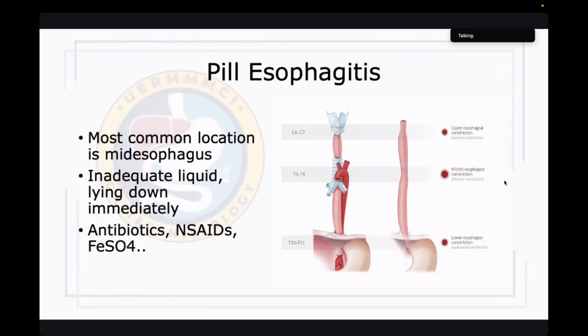Generally, this is attributed to poor pill-taking habits, such as inadequate liquids, lying down immediately after taking a pill. And a variety of medications are often implicated with pill esophagitis, with the most common being antibiotics such as doxycycline, tetracycline, some are NSAIDs, and some are ferrous sulfates or other medications.